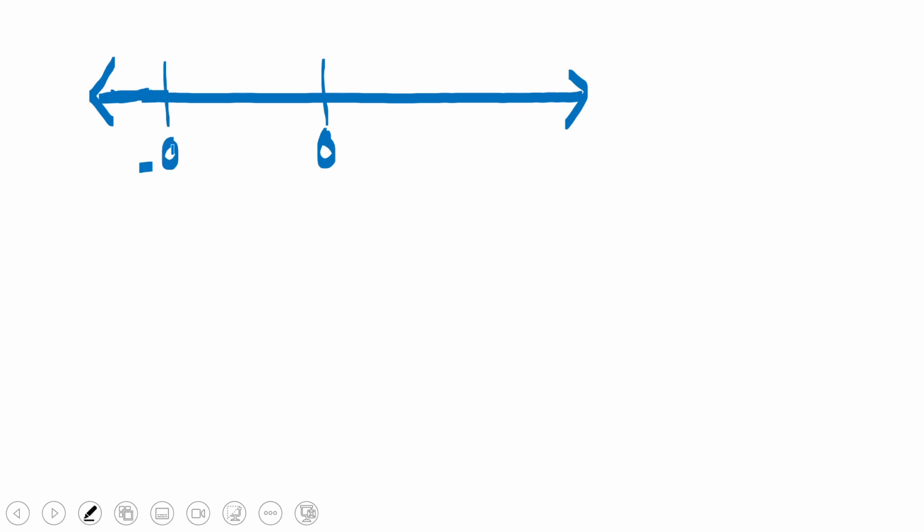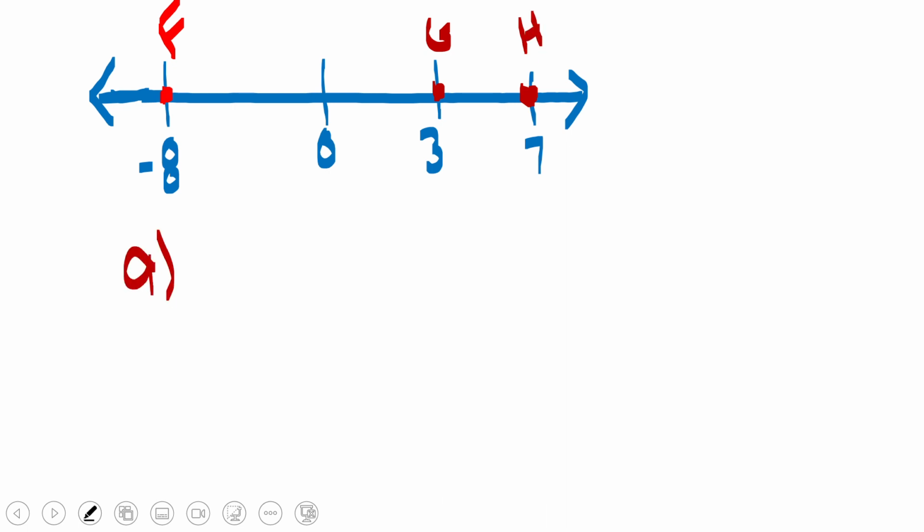So if you have something that you're given in a graph like this on the number line, and you have points on that line, like F is at -8, and then you have something like G is 3, and H is at 7, and you're asked to find the distance and midpoint of G and H.